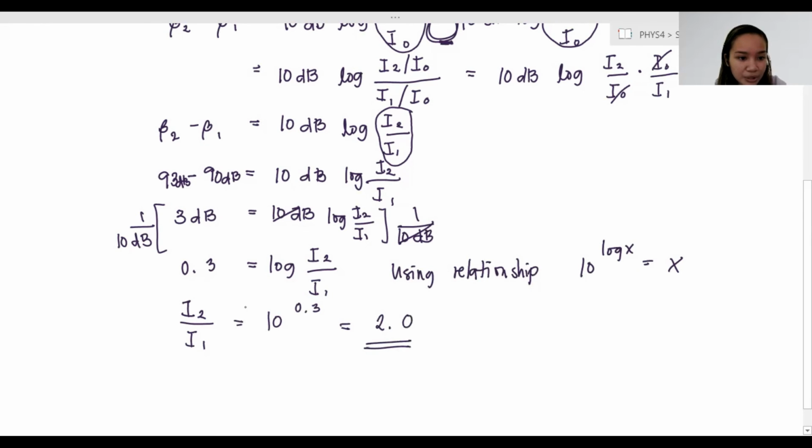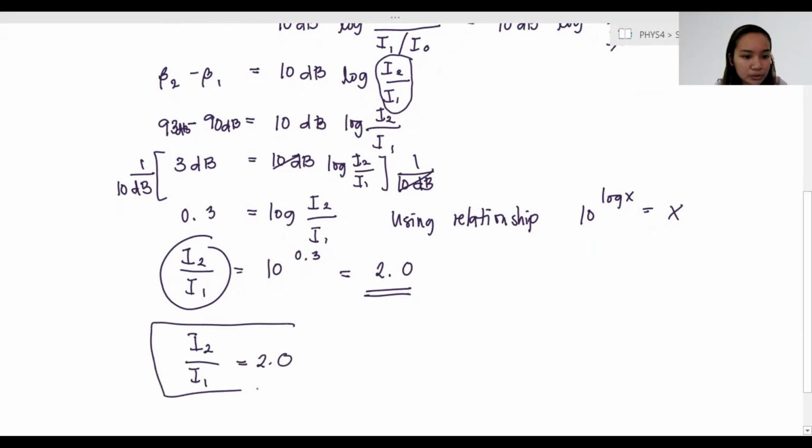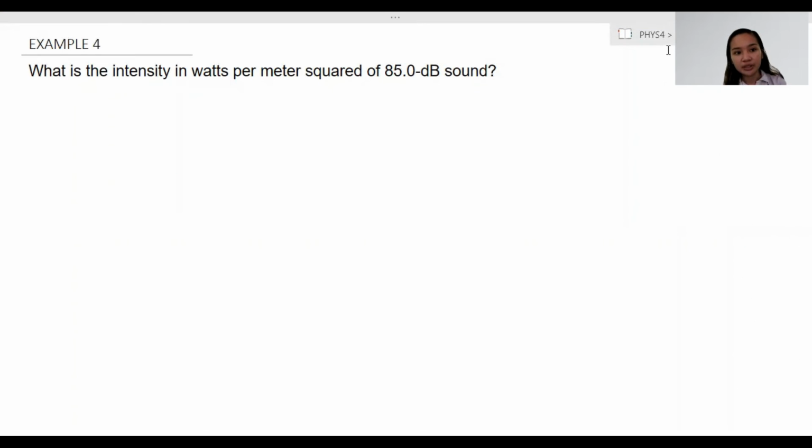So this is now our ratio, I2 over I1 equal to 2. This is our answer. So what does this mean? It means that doubling the intensity changes the loudness only by a small amount of 3 decibels.